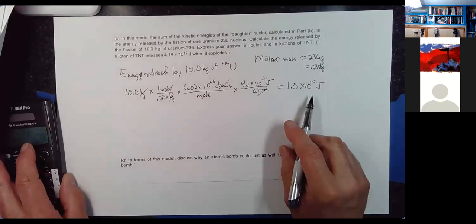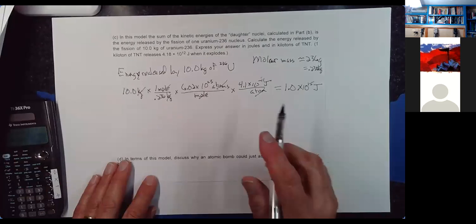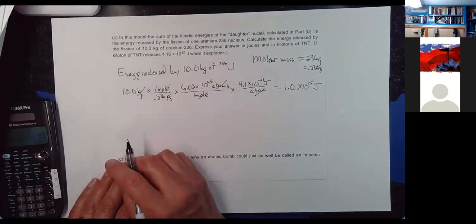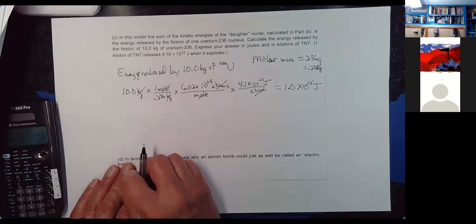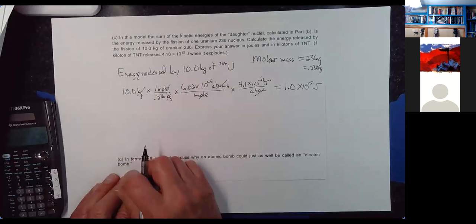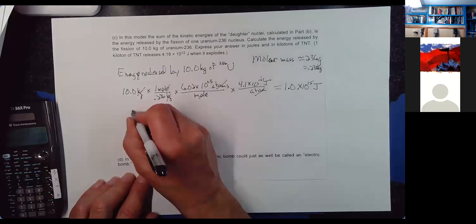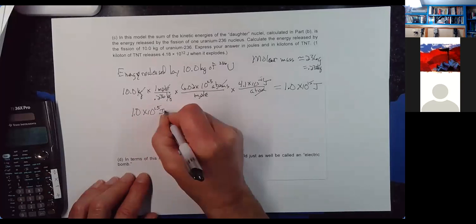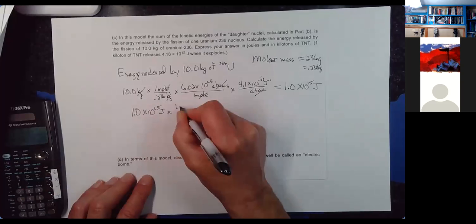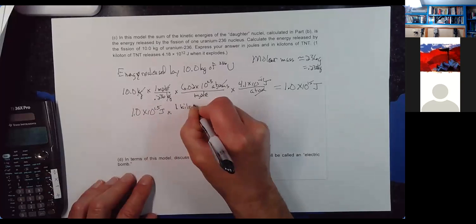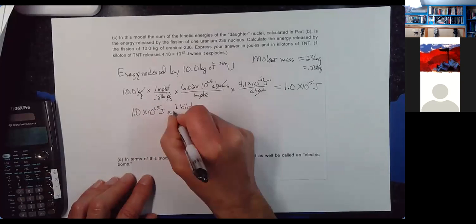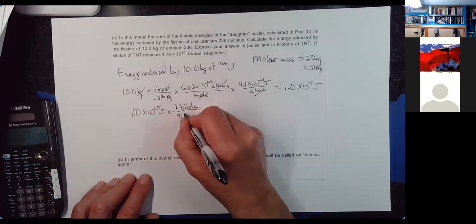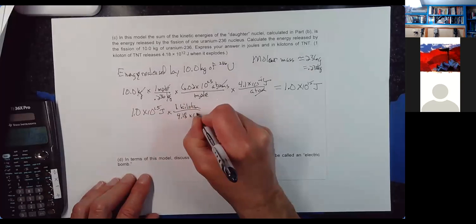Okay, and then if I express that in kilotons of TNT, I think they just call it kilotons. So 1.0 times 10 to the 15th joules times 1 kiloton, and I'll leave the TNT off there, divided by 4.18 times 10 to the 12th joules.